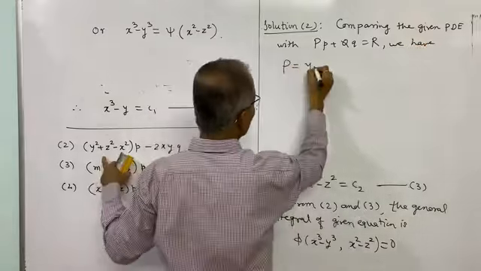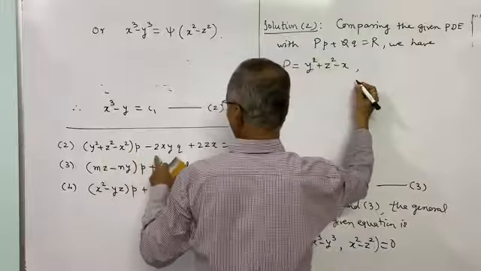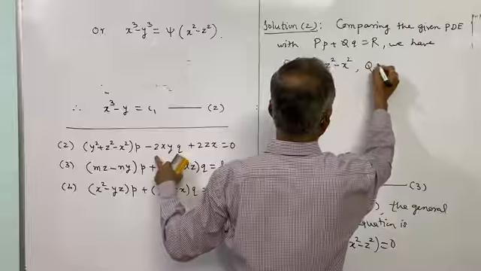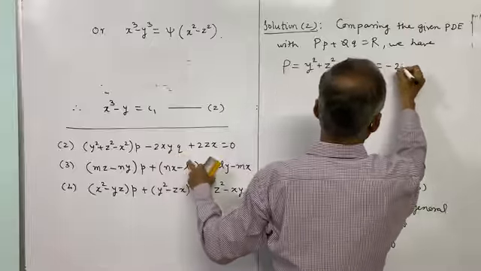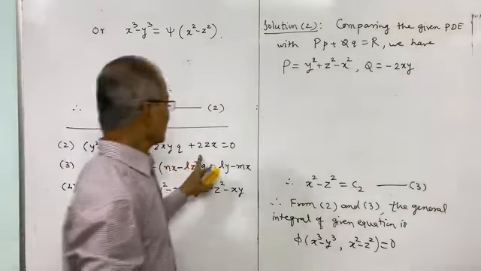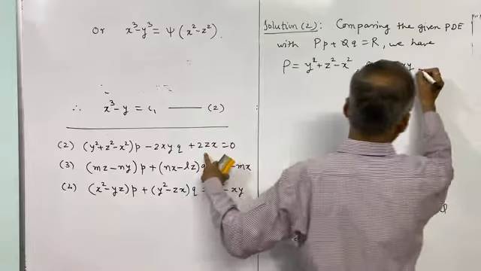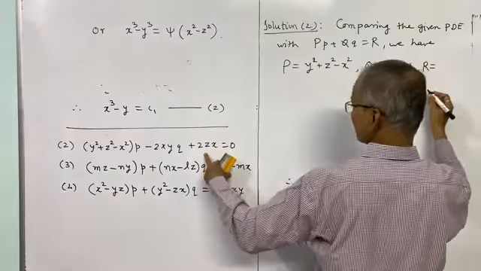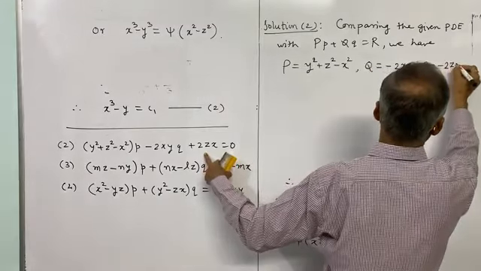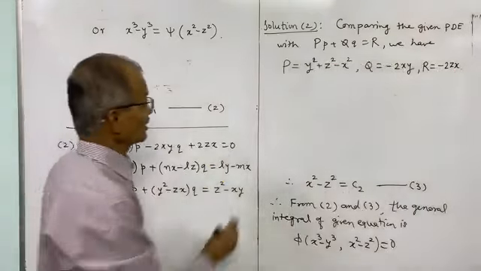We can see it is y square plus z square minus x square, and capital Q is negative 2xy. This minus sign also we have to take, and this is to be considered on the right side, and that must be negative. R is equal to negative 2zx. These are the values of P, Q, R.